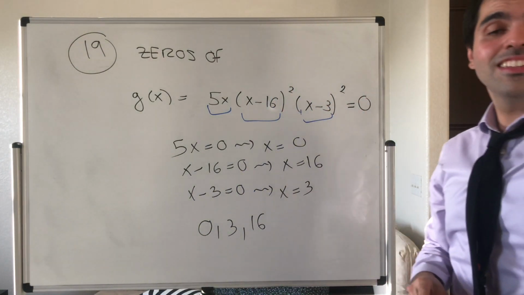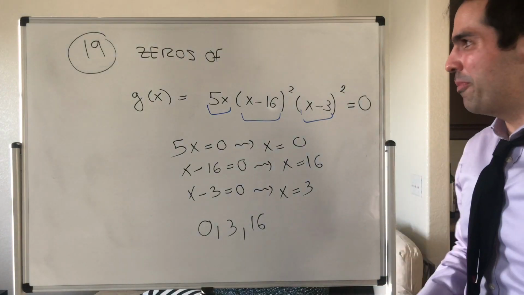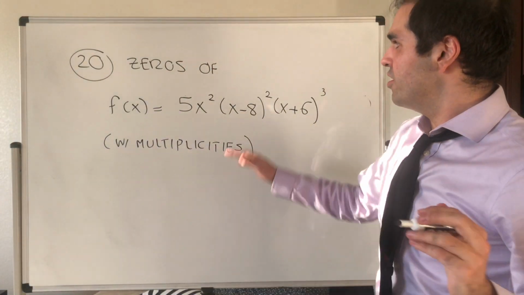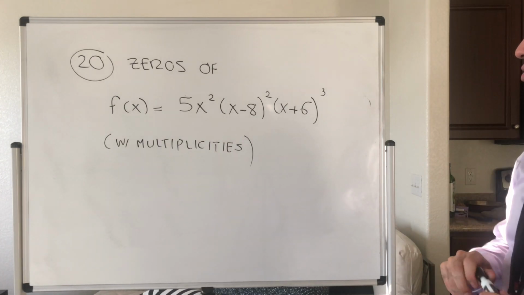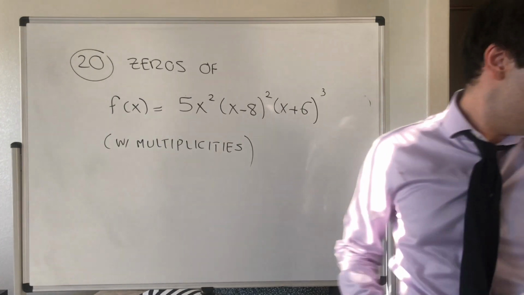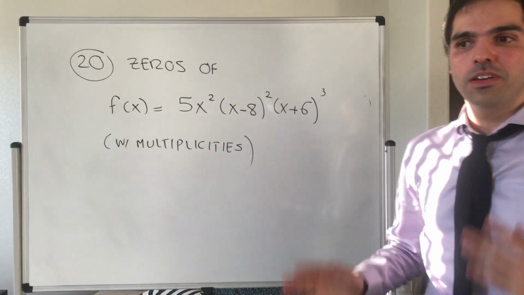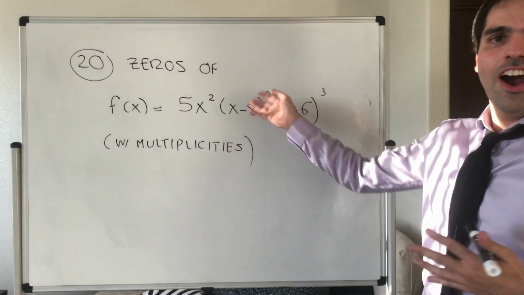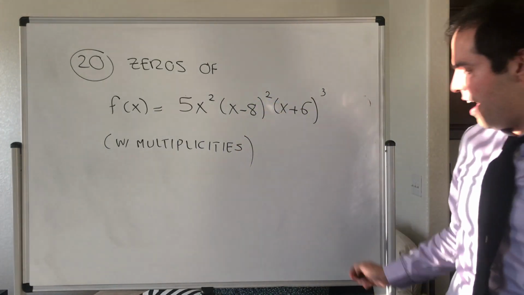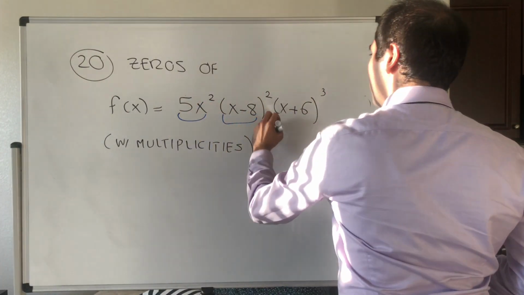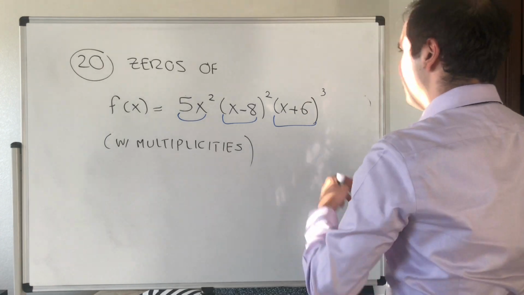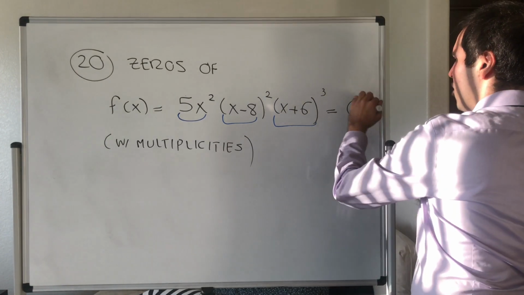Okay. And since this was so much fun, let's do another problem of this type. So now let's try to find the zeros of 5x squared times (x minus 8) squared times (x plus 6) cubed, but this time with multiplicities. Just saying how often are they repeated. And again, same spiel as before, such kind of polynomial, it's 0 if and only if each of its factors is 0.